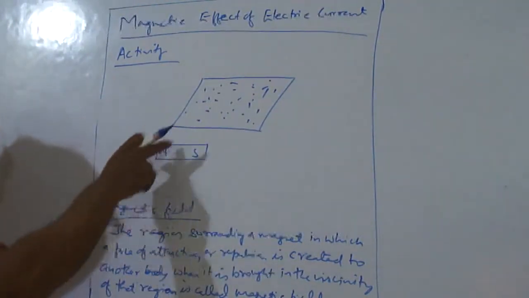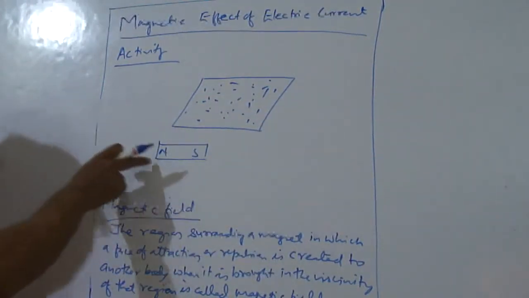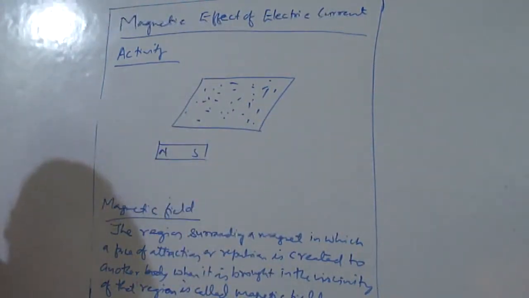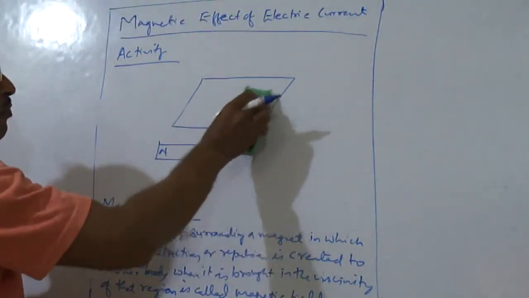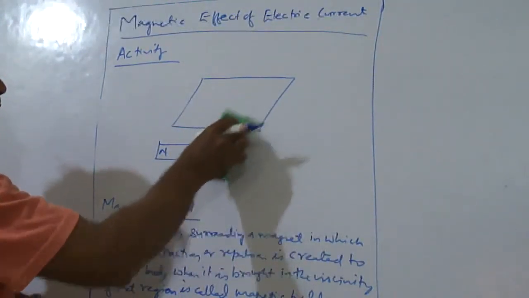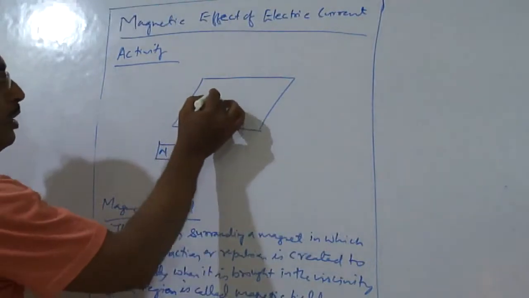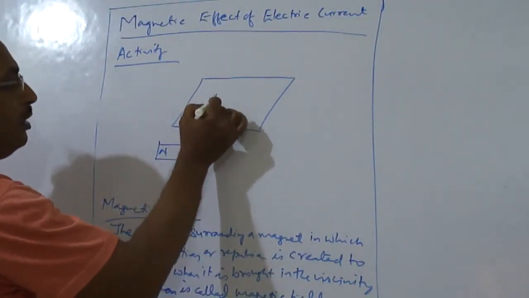But now when this magnet has come here, the effect of the magnet has made these particles get arranged in a particular fashion. You can see that these particles will be arranging themselves like this.